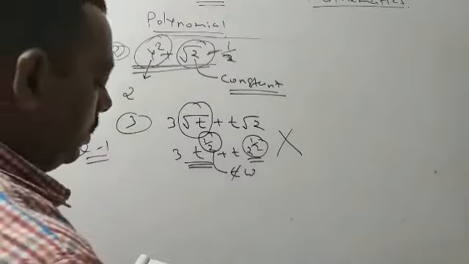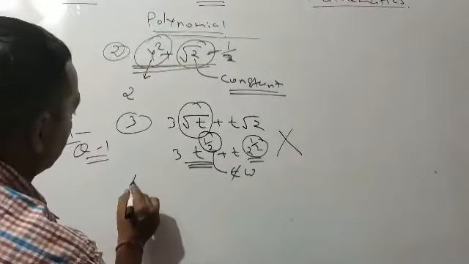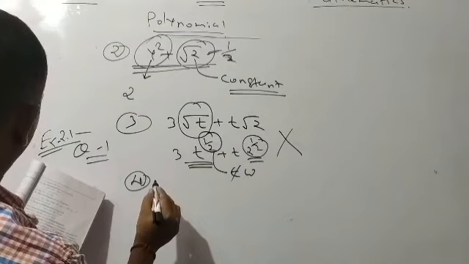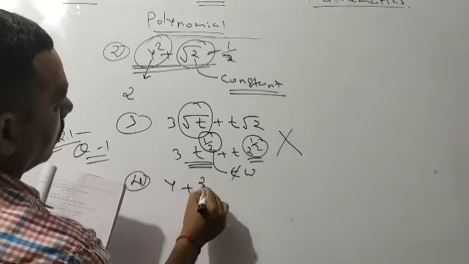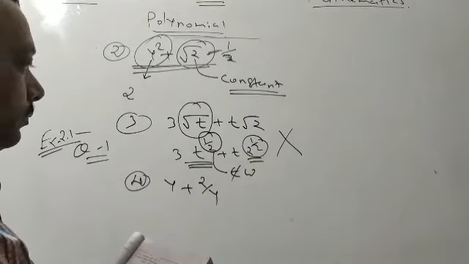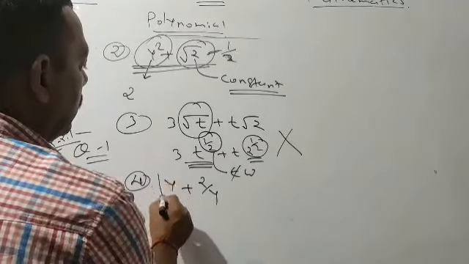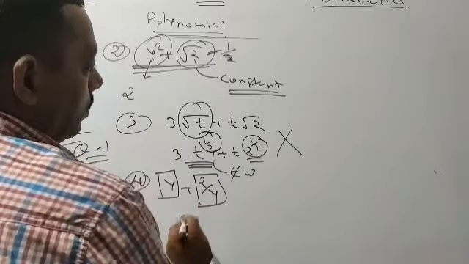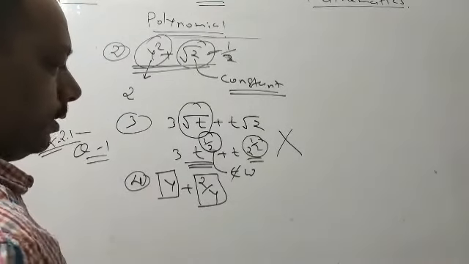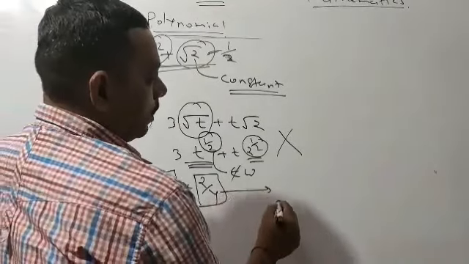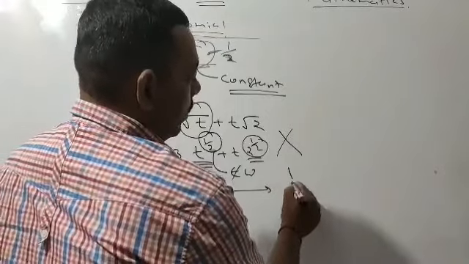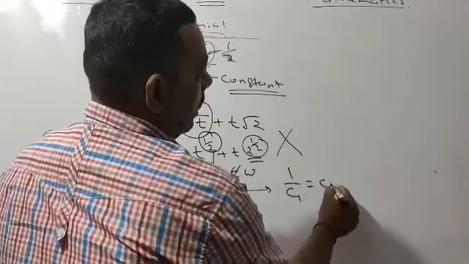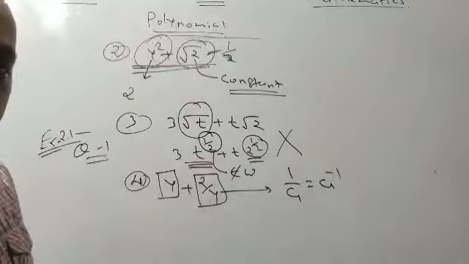Now the last one is the fourth question. The expression is y plus 2 by y. Now there are two terms. First y, second 2 upon y. We have already studied in the previous chapter, you might remember that 1 upon a is rewritten as a raised to minus 1.